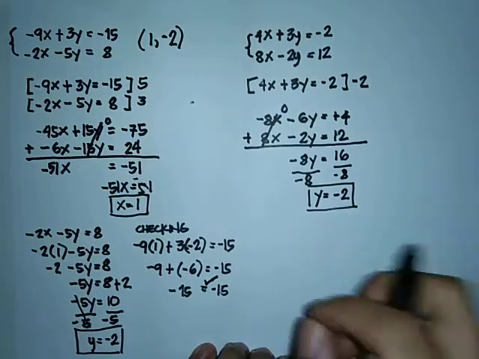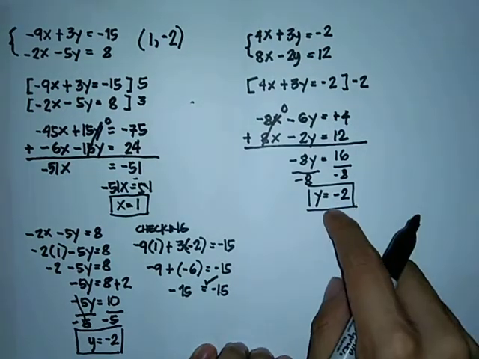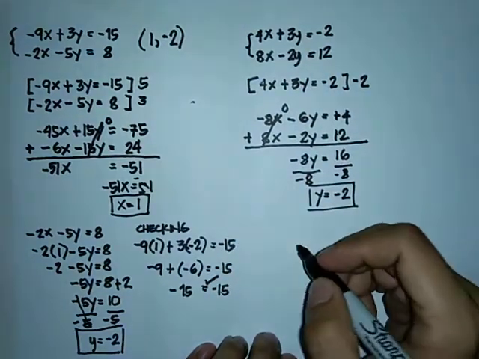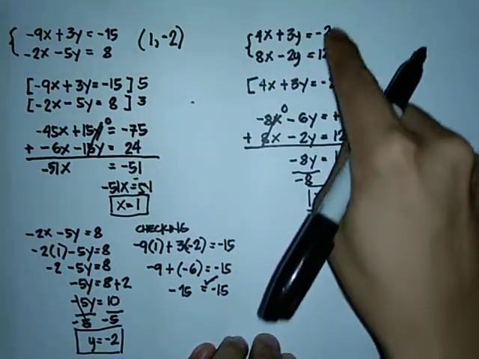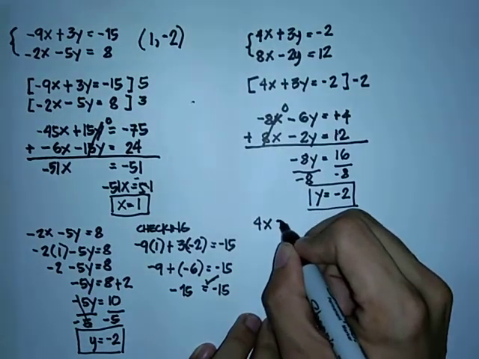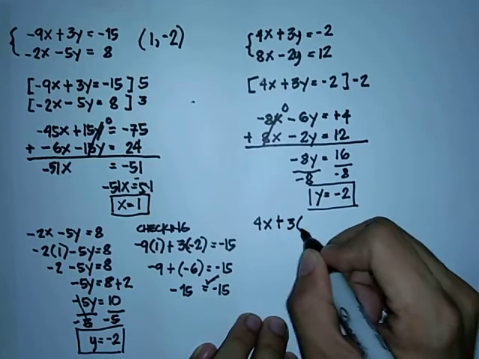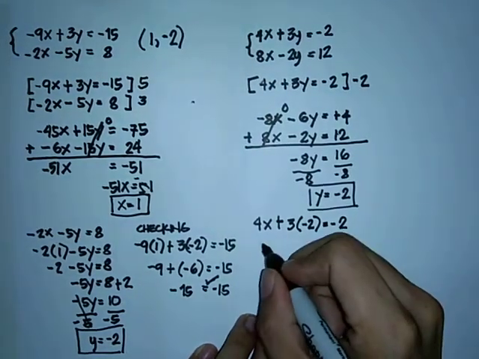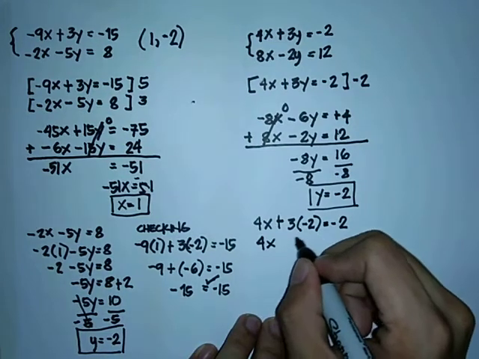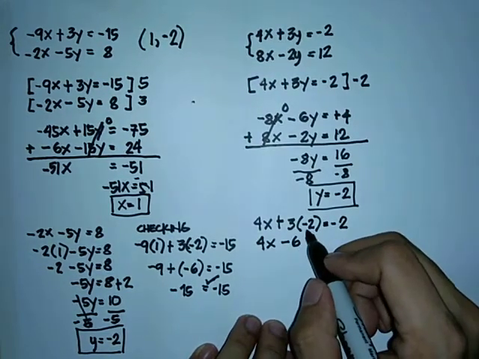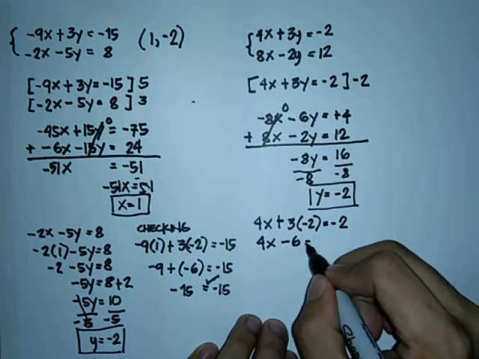What we are going to do next is to substitute yung ating y into any of the two of the equations. So ang napili ko ay yung pang-una. So I will have 4x plus 3 times negative 2 is equal to negative 2. So we have 4x minus 6, because we have 3 times negative 2, that is negative 6, is equal to negative 2.